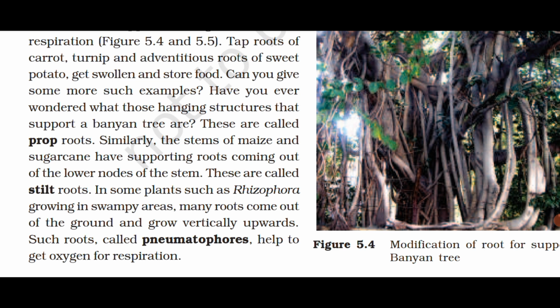These are called stilt roots. In some plants, such as Rhizophora, growing in swampy areas, many roots come out of the ground and grow vertically upwards. Such roots, called pneumatophores, help to get oxygen for respiration.